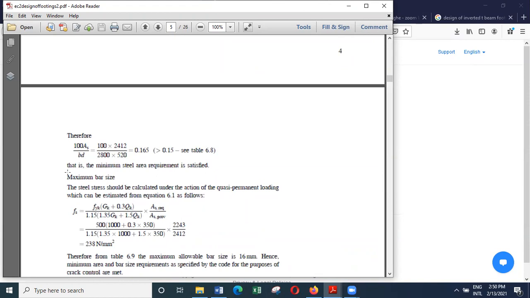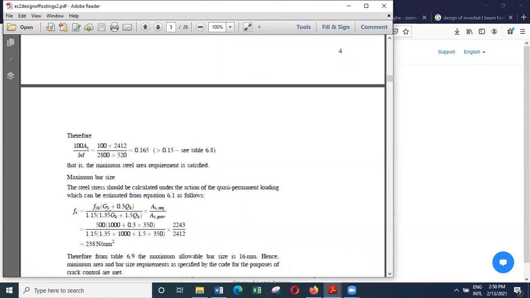To determine the maximum bar size that can be used, we need the service stress. Service stress is the stress in steel under the permanent or sustained loads, what we call quasi-permanent load, that means almost permanent loads. At ultimate limit state, the stress in steel is 500 divided by 1.15.